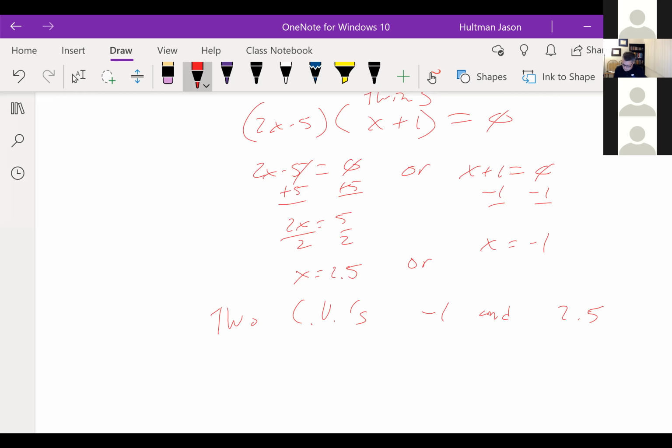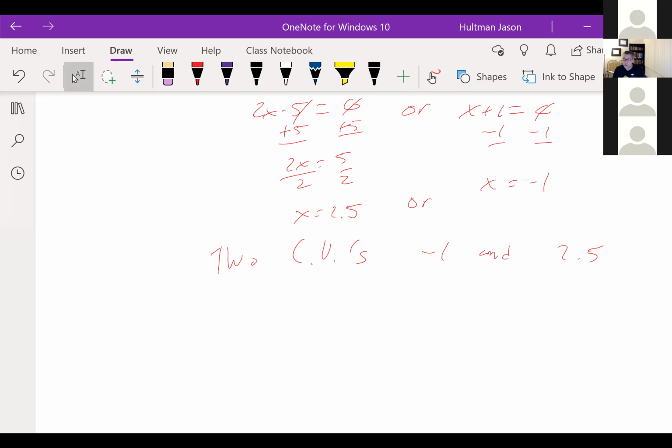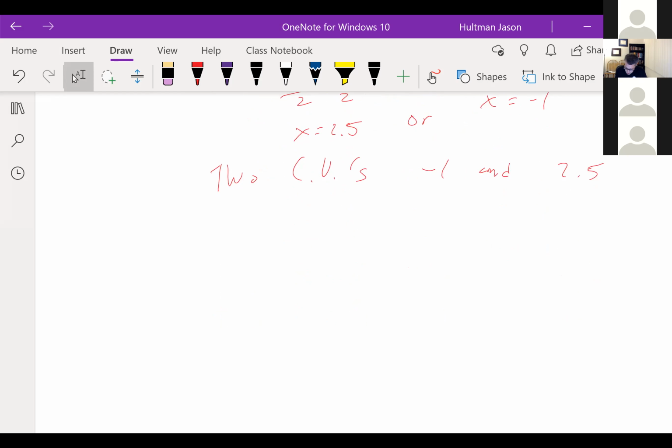Now how am I going to know what those minimum or maximum values are, and whether they are minimums or maximums? So here's what I'm going to do. I'm going to do the first derivative test on this. Let's look at a number line, and I'm going to say f prime of x.